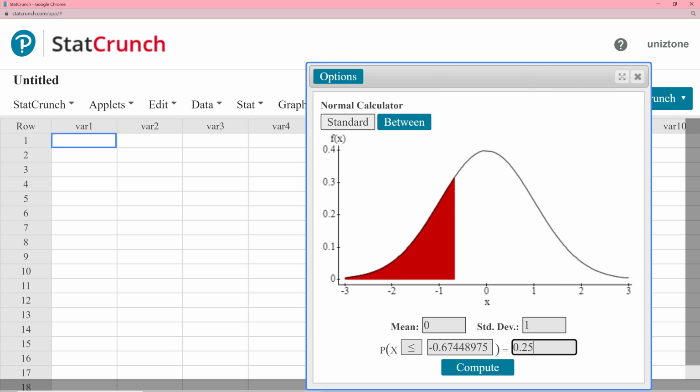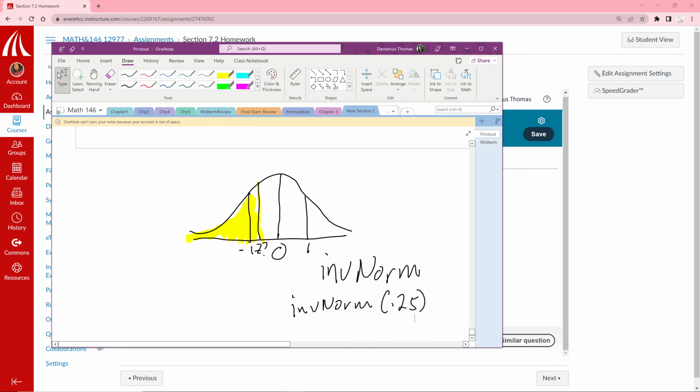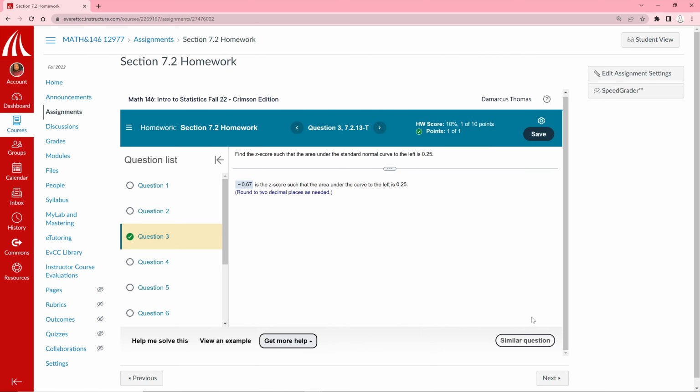You put in the area, which is the probability that all the x values less than this will be 0.25, less than or equal to this score. So in other words, negative 0.67 is right there. Our sketch was pretty good, that was about 25% of the whole entire thing.